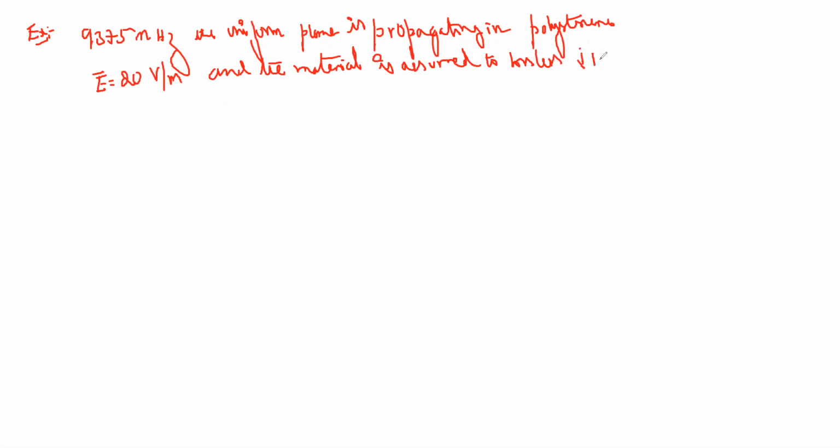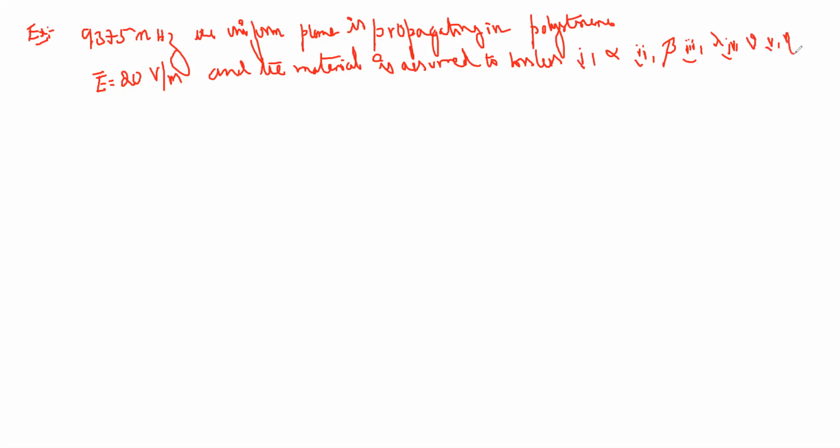Lossless, then find what they're asking: the attenuation constant alpha. Second one, the phase constant beta. Third one, the wavelength in the polystyrene, lambda. The fourth one, the velocity of propagation, v.